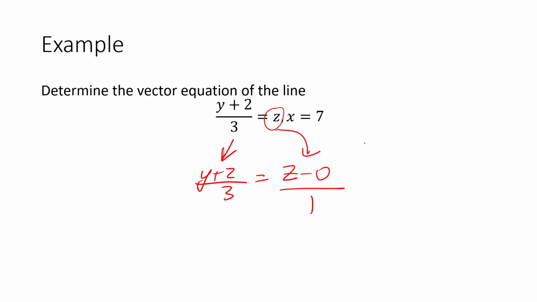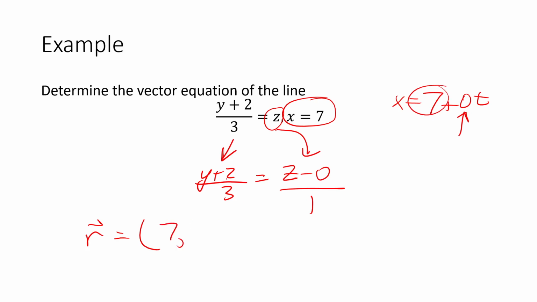And then if we say x is equal to 7, that's like saying the x parametric expression would be 7 plus 0t. So that would mean that our direction vector for x has a component of 0. So putting all that together, if I had to write that vector equation, I would say, okay, for the position vector, my x component is 7, my y component is negative 2, my z component is 0.